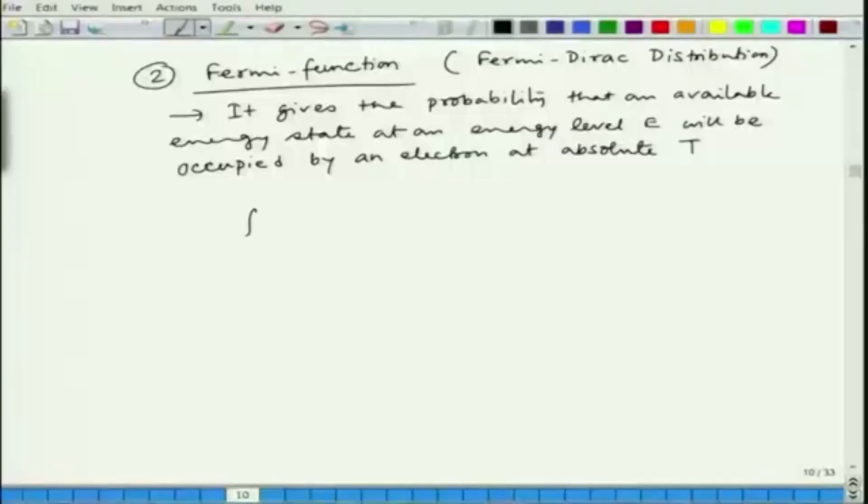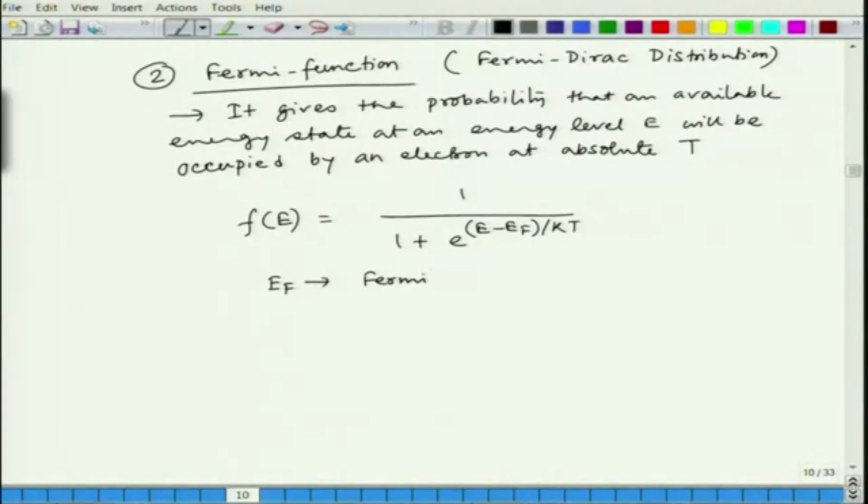And what is the form of that function? For any given energy level, the Fermi function F(E) will be 1 over 1 plus exponential of (E minus EF) divided by kT. Okay. And this EF is called the Fermi level, which is basically defined as when the probability is half.